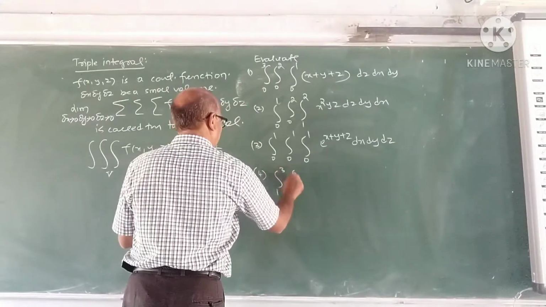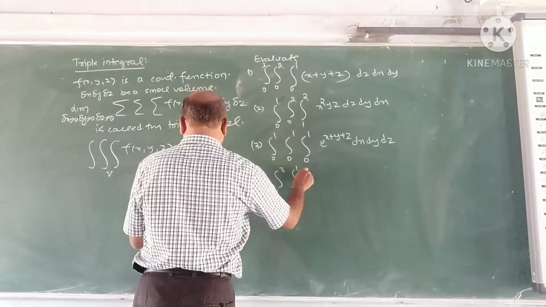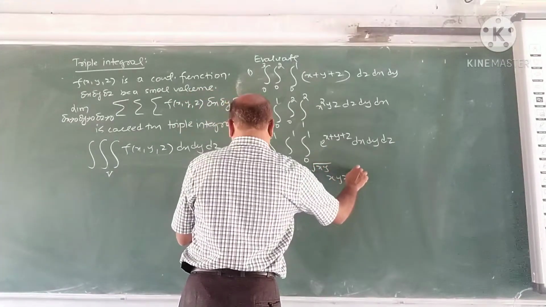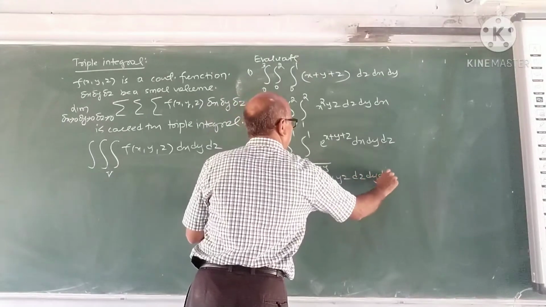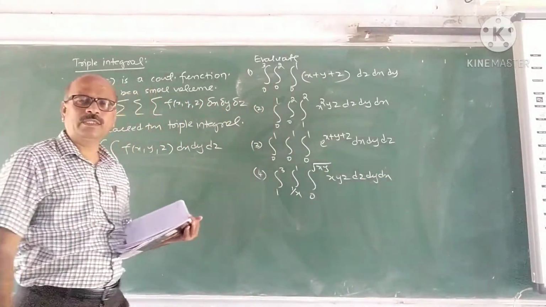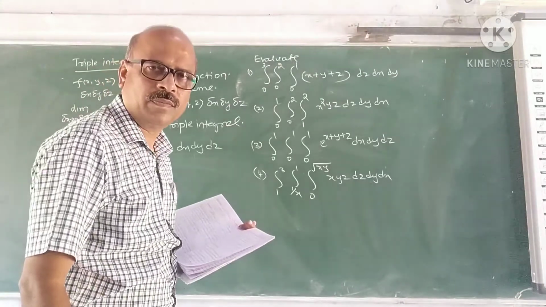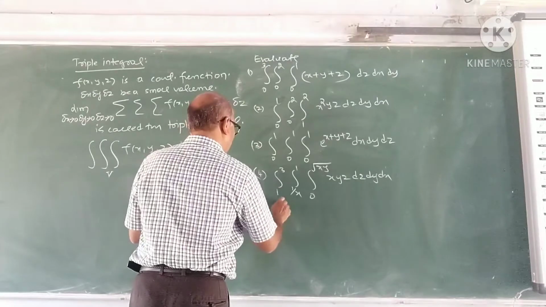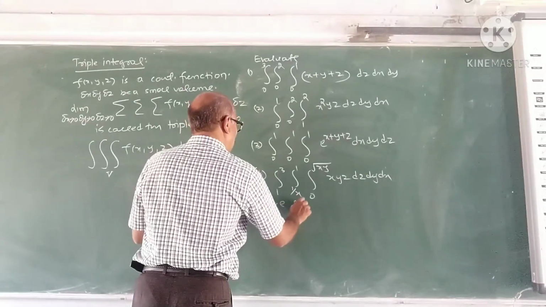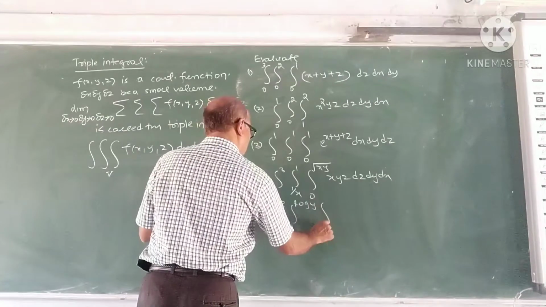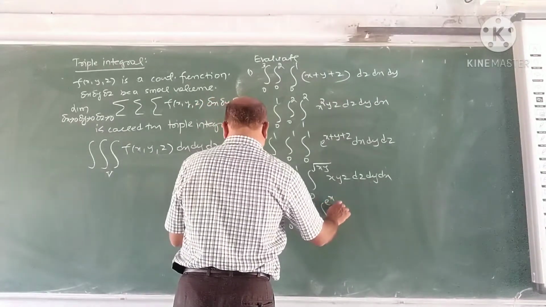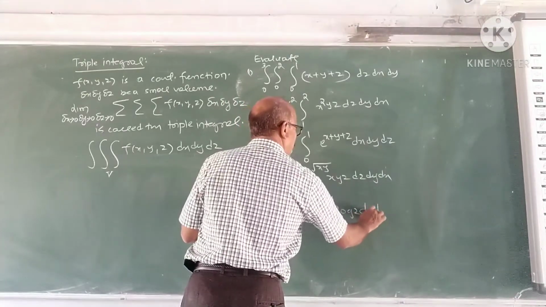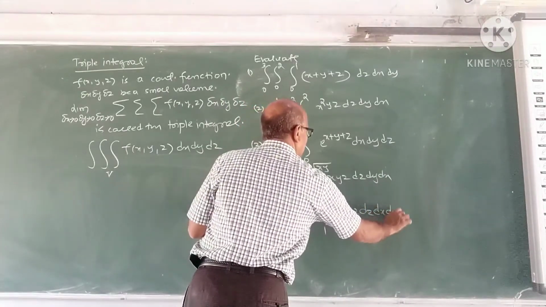Next: integral 1 to 3, 1 upon x to 1, 0 to root xy, of xyz, dz, dy, dx. Next: integral 1 to e, 0 to log y, 1 to e raised to x, of log z, dz, dx, dy.